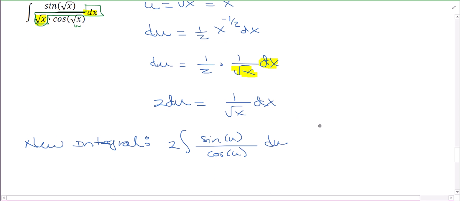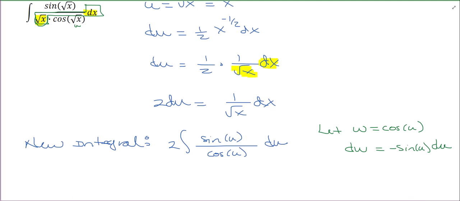I already used u, so I can't use u anymore. So I'm going to let w equal cosine of u, because dw, the derivative of cosine, is negative sine of u du, which I do have in the numerator here. Sine of u du, sine of u du. We don't have the negative, but that's okay.